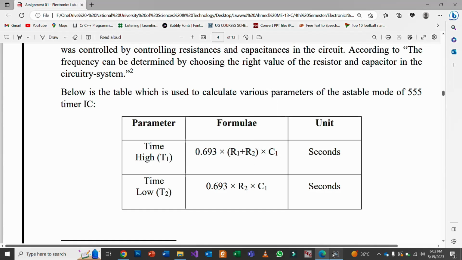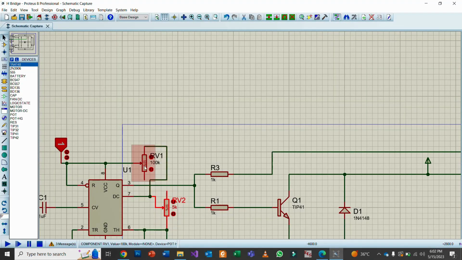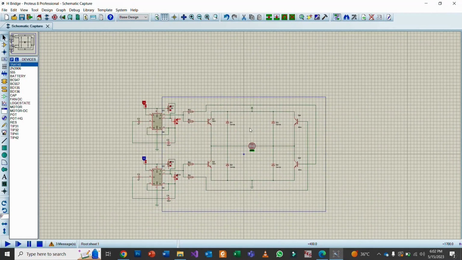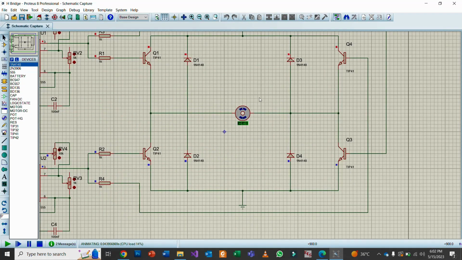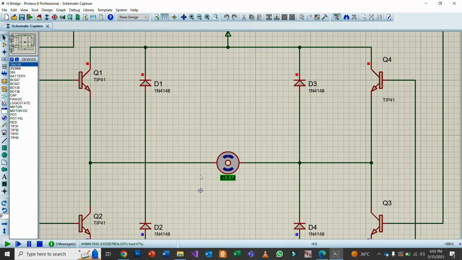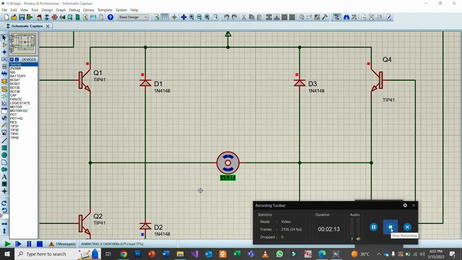Since here R1 is much greater than R2, the speed of the motor will increase once we run the simulation. Now we can notice here that the potential difference across the motor is increasing at a very high speed, so this way we can control the speed of the motor using 555 timer ICs or PWM signals.